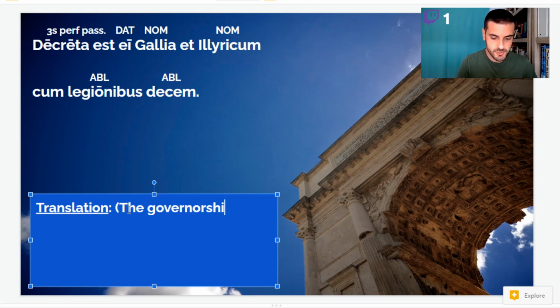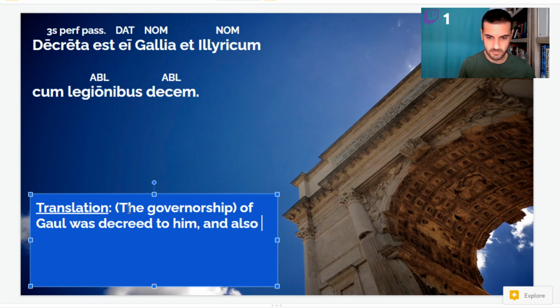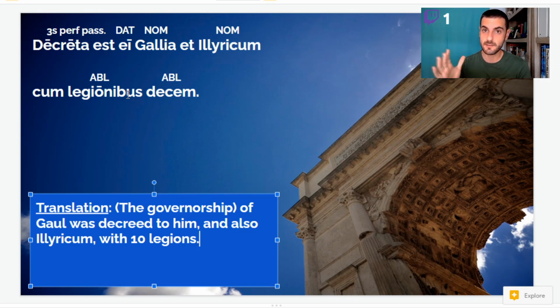The governorship of, because it's not the province that was given to him, was decreed to him, et Illyricum, and also Illyricum, which he wasn't as concerned about, with 10 legions. Cum legionibus decem. Decem there being indeclinable. So Caesar's on his way. He's got everything he needs. He's got his army, and he's got provinces that he can use as a starting point to go and conquer even more land.